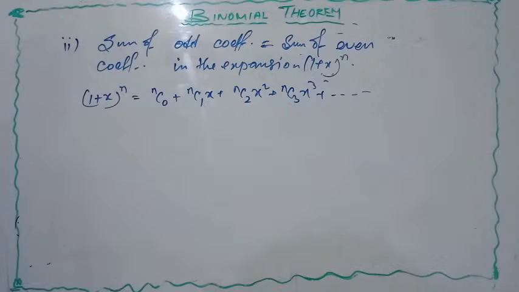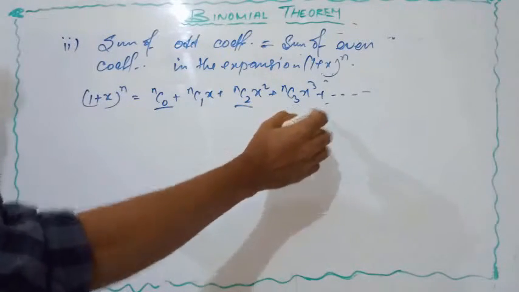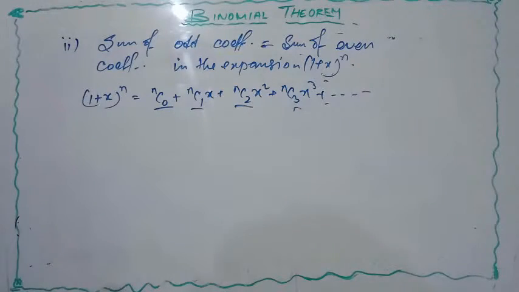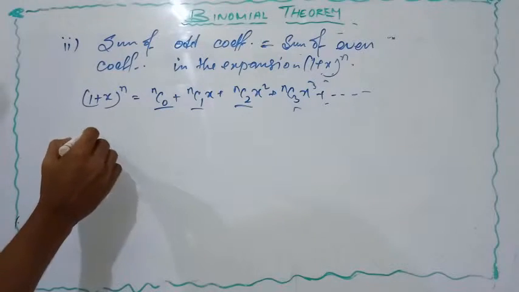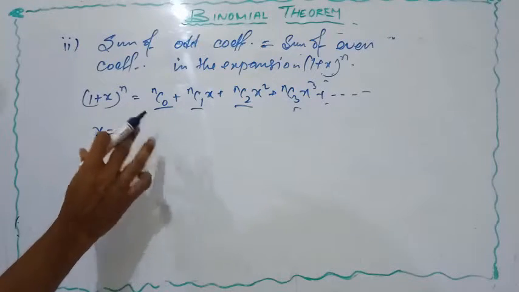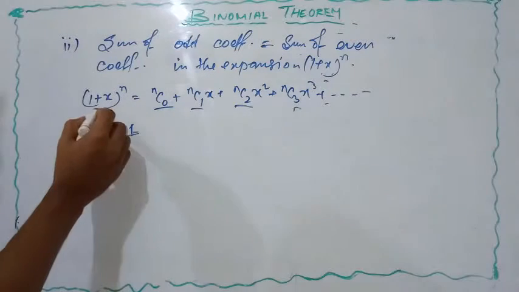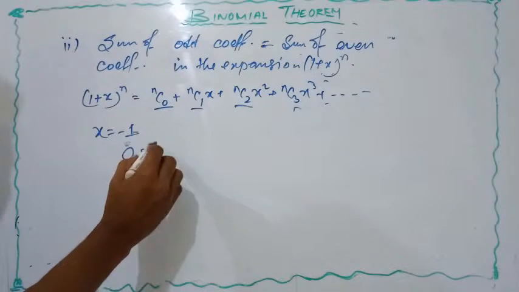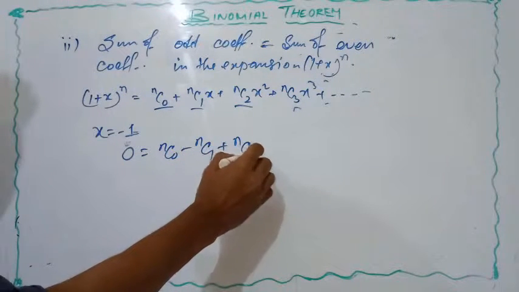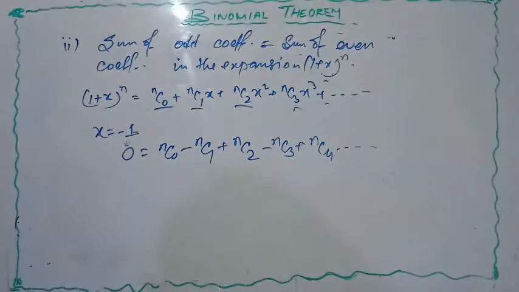What are the odd coefficients? The odd coefficients are nC0, nC2, nC4, and nC1, nC3 are the even coefficients. So if we replace x by minus 1, then what do we get? 0 is equal to nC0 - nC1 + nC2 - nC3 + nC4, and in this way it will continue.